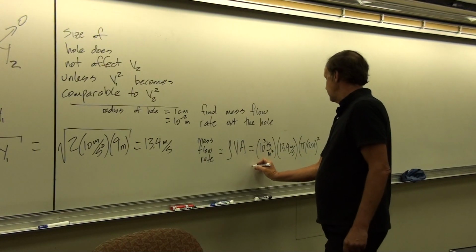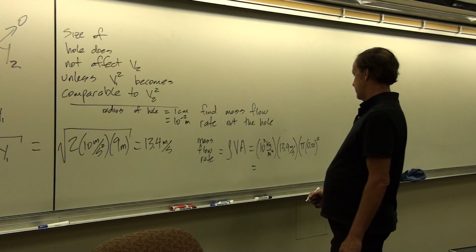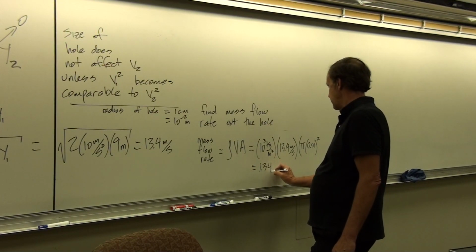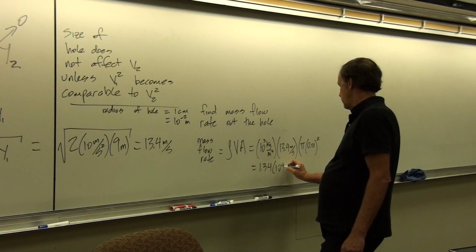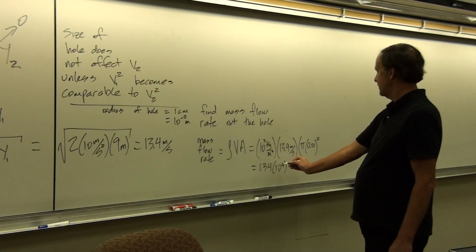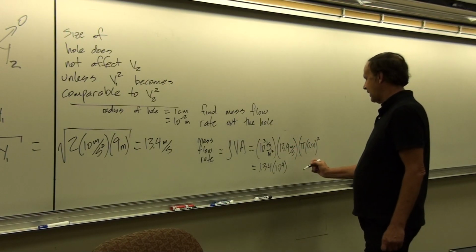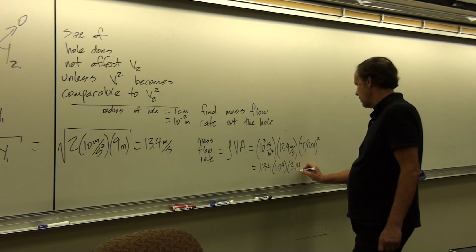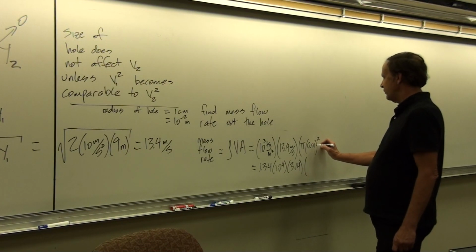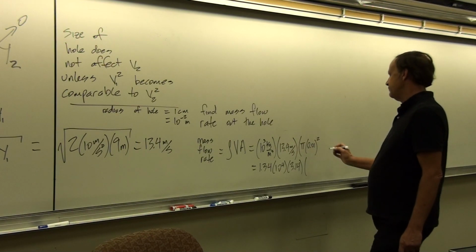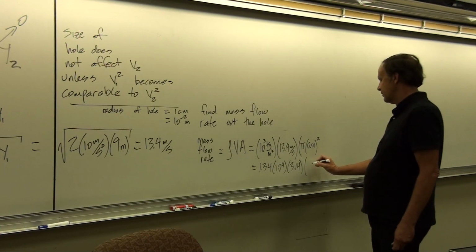Okay? And so what this is going to be then is 1.34 times 10 to the 4, because this is 1.34 times 10 to the 3, and then pi is 3.14 times 0.1 squared, that's 0.0001, or 1/10,000th, 10 to the minus 4.